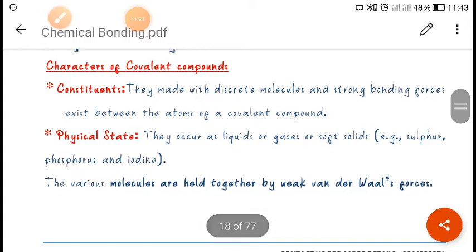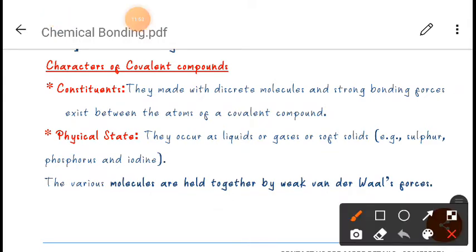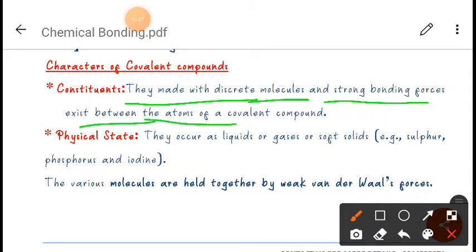So the first characteristic is they are made with discrete molecules, okay, and strong bonding forces exist between the atoms of the covalent compound, okay. Now when we talk about the physical state, they are generally liquid and gases, or if it is solid then it will be very soft solid, okay.